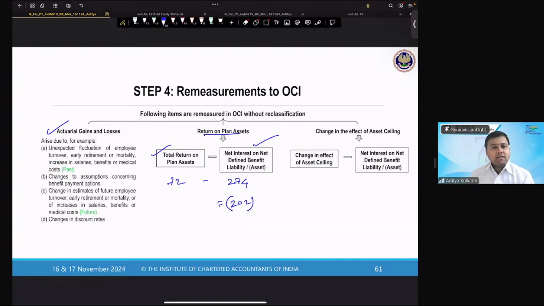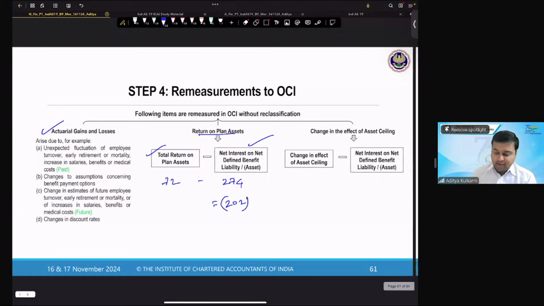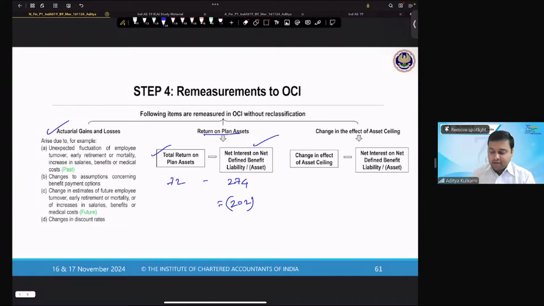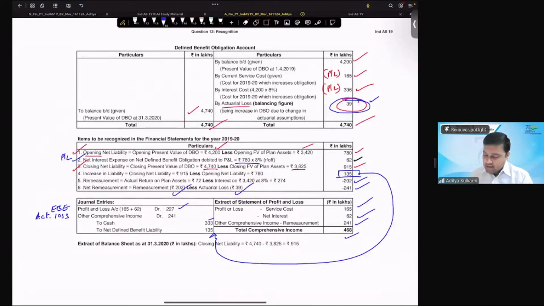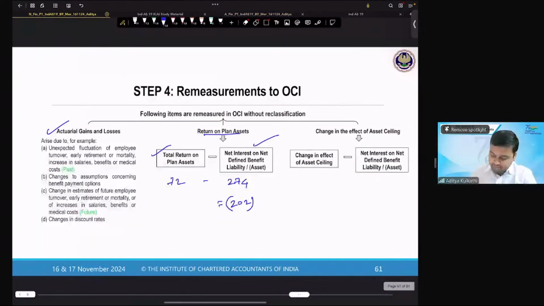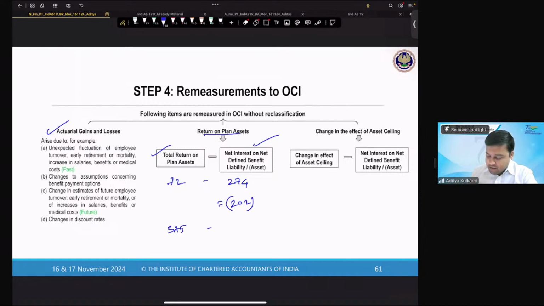Other than that, you also had interest in respect of that obligation. How much was that? That was 336. So your total movement in the liability was 375, out of which 336 came out of interest.